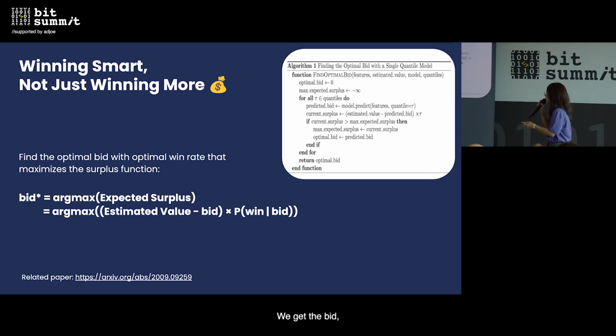We get the bid that is associated with that, and then we plug it back into our surplus function. And we just do it iteratively until we find the surplus that has the maximum value. So there's also another related paper that I link at the end of the presentation.